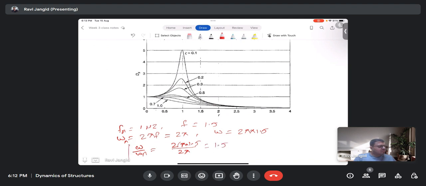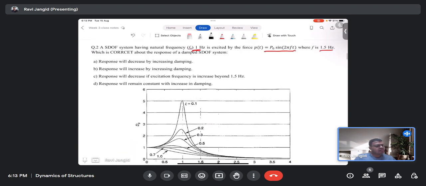Sometimes we call this ratio r. So on the right side, when omega is increasing, omega by omega n is increasing, so my response will decrease. So one option is correct here: the response will decrease as frequency increases. Oh sorry, this one, option C.